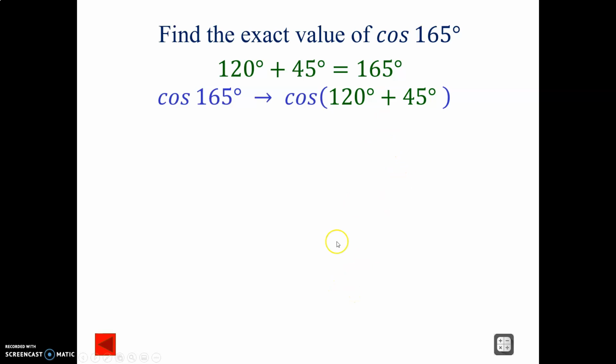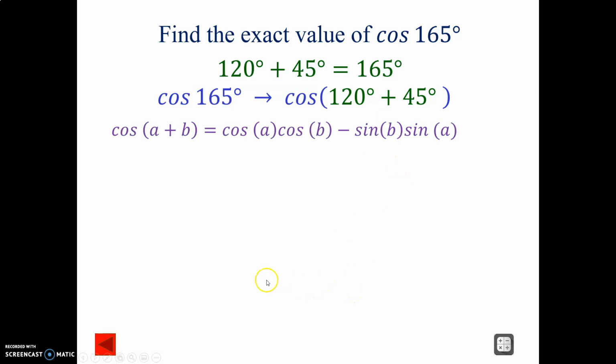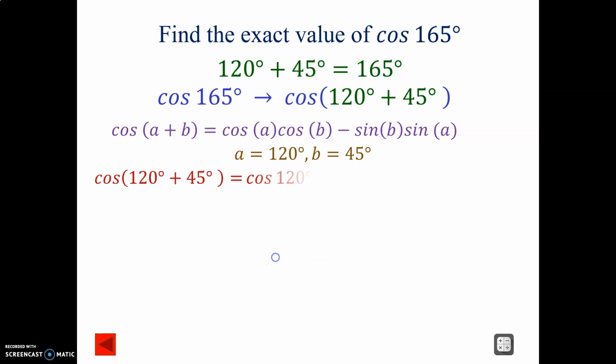We'll be using the sum identity for cosine. And again, because cosine is cosine, cosine, sine, sine. So in this case, A is going to be 120 and B is going to be 45. So let's substitute. So that'll be cosine 120, cosine 45, sine 120, sine 45.